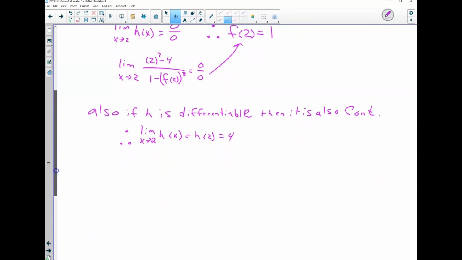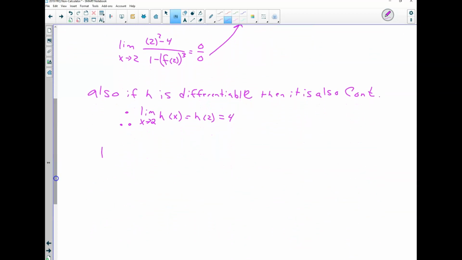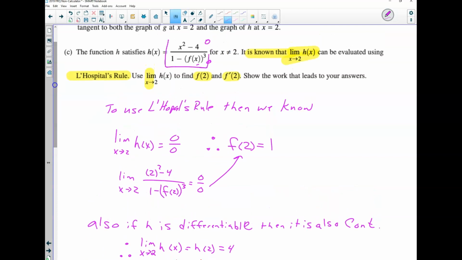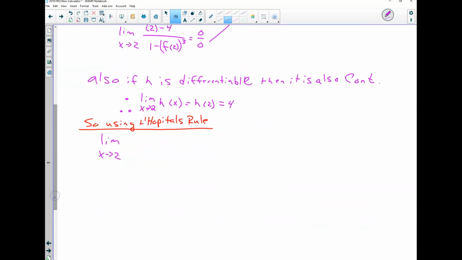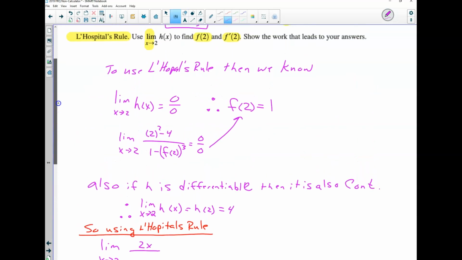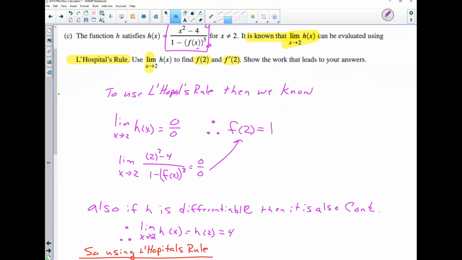So, if I took the limit as x approaches 2, using L'Hopital's rule, the limit as x approaches 2 of this, when I take the derivative of the top, I get 2x over the derivative of the bottom, which is going to be negative 3 f of x squared times f prime of x, right?